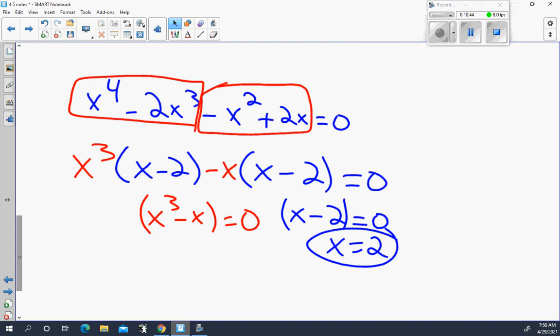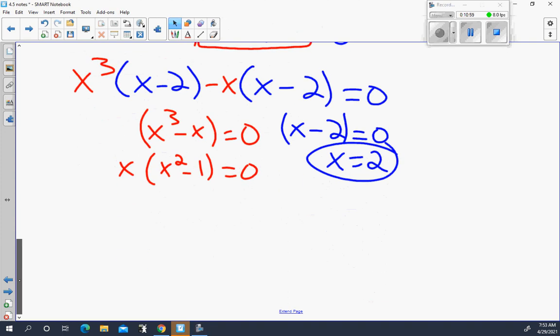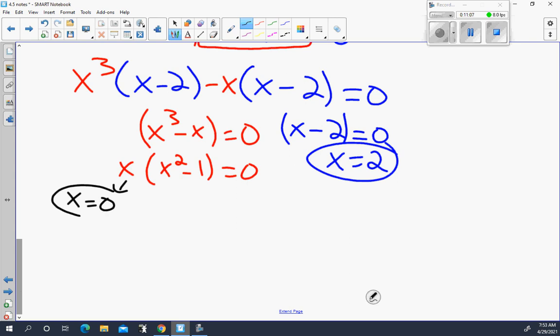Over here, in my red marker, I can actually factor out an x still. And I can factor out an x, what's left, an x squared minus 1 equals 0. And now I can break this down into two different equations. I can break this down over here, x equals 0. That's a solution. Okay, I can't forget about that x.